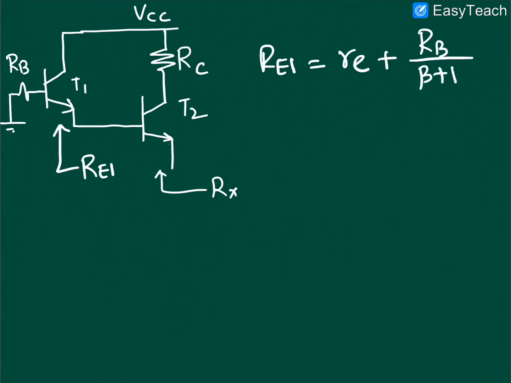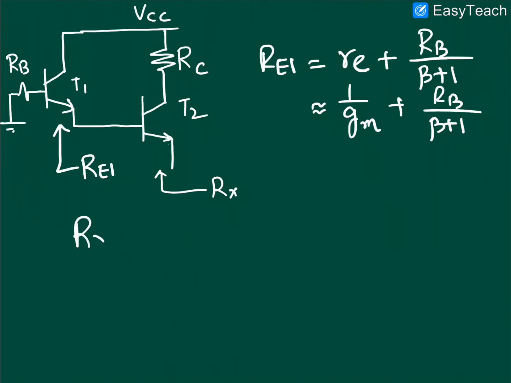If beta is very large, then Ie is approximately Ic, meaning the collector current equals the emitter current. In that case you can write Re as 1 by gm, plus Rb divided by (beta plus 1). Now this Re1 is basically the base resistance of transistor 2.